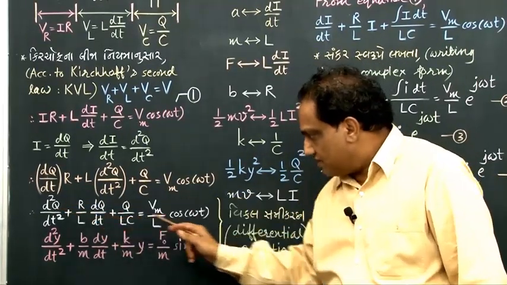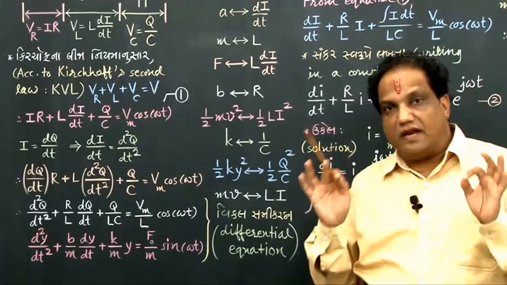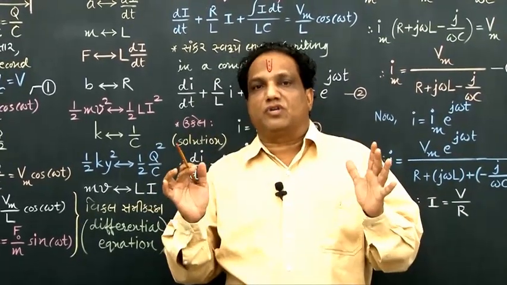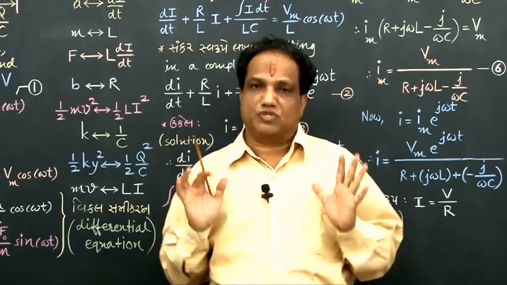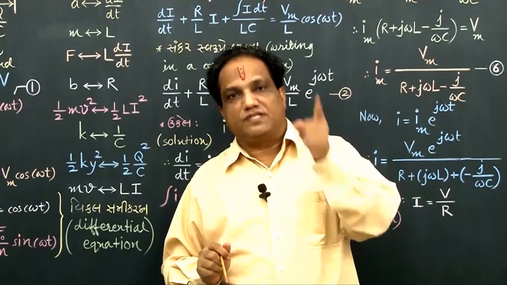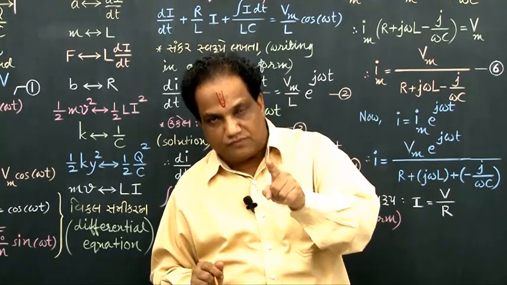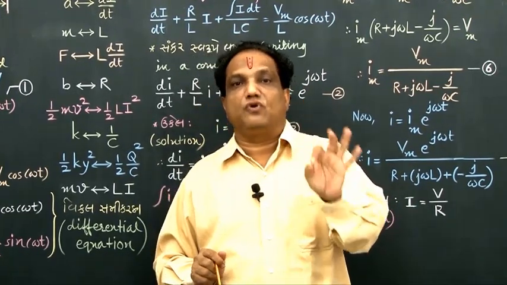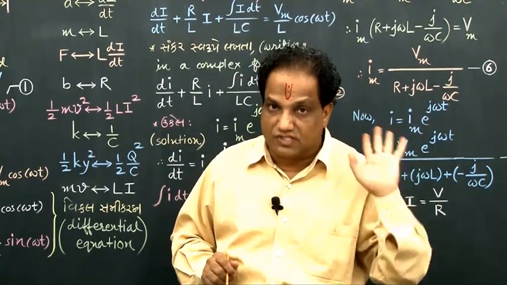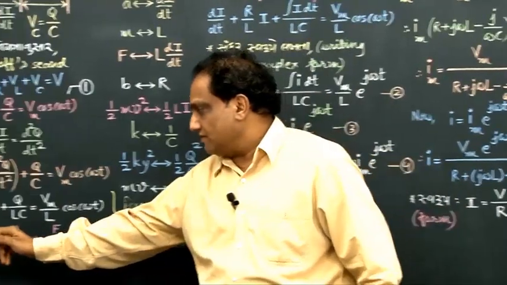Now this equation is found to be analogous, similar to one equation of forced motion, forced oscillations. In standard 11, in second semester, you had studied about the differential equation of forced oscillations.